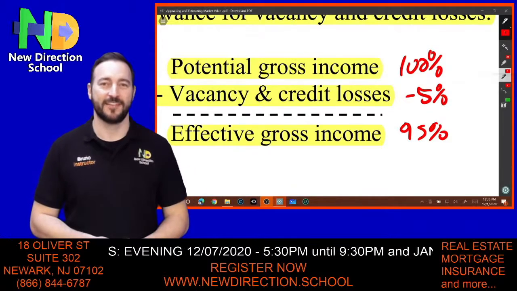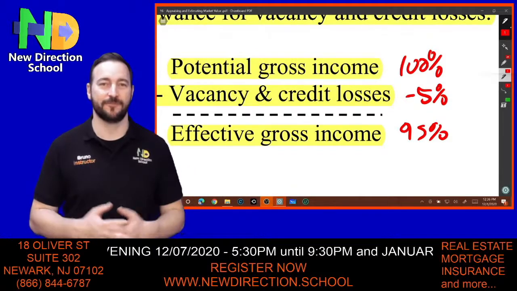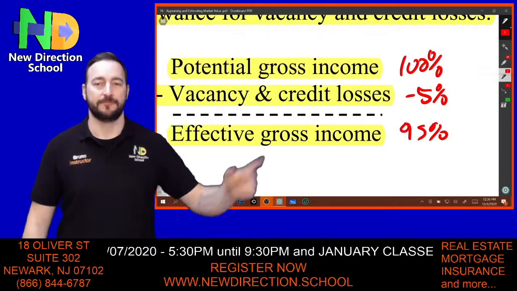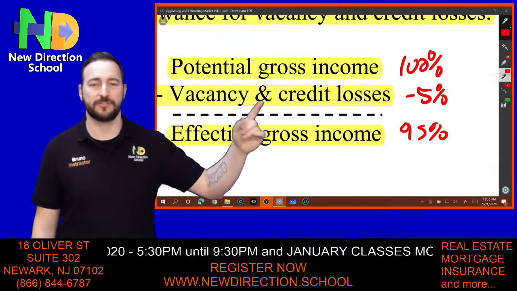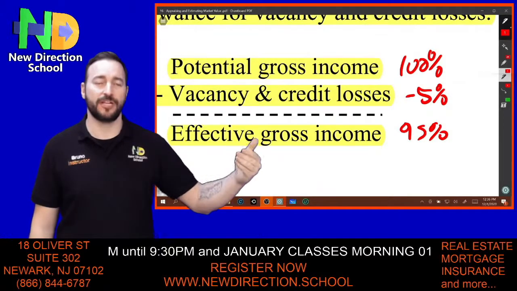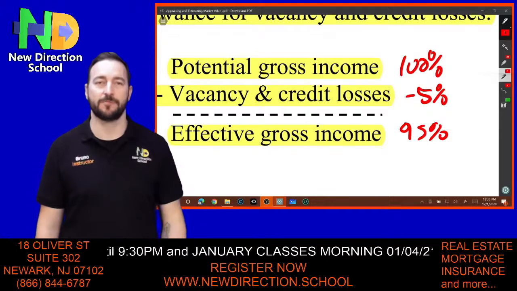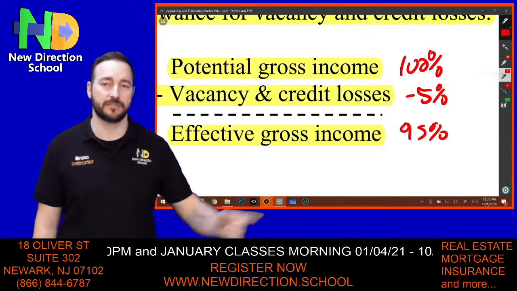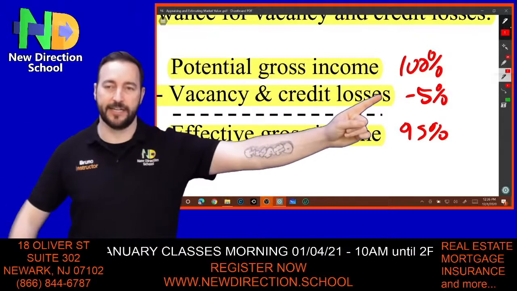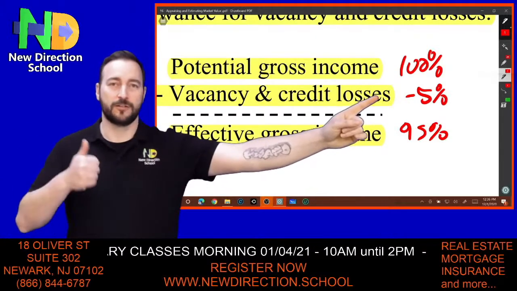They're never fully booked. Hotel is one of those businesses with a high vacancy rate. So what can I expect? If you're running a business, and that's what an income property should be, I can expect 95%. Set it and forget it. If I get more, great.